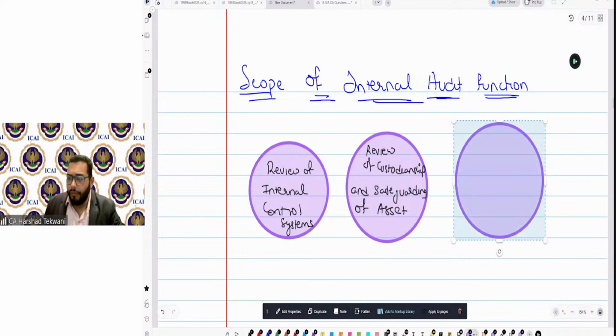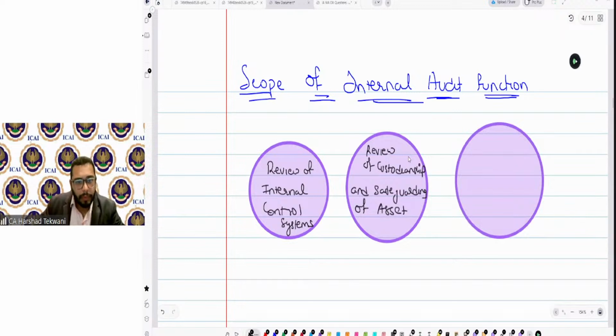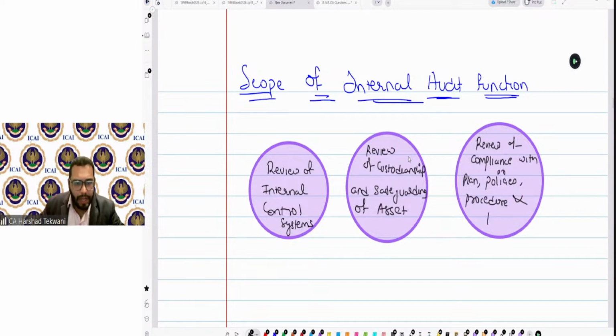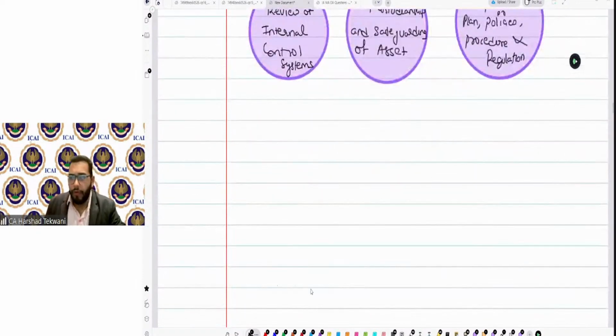Then review of compliance with plans, policies, procedures, and regulations. Then review of relevance and reliability of information.